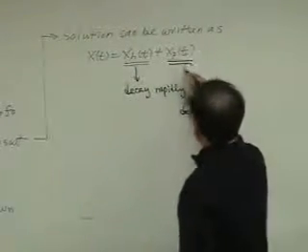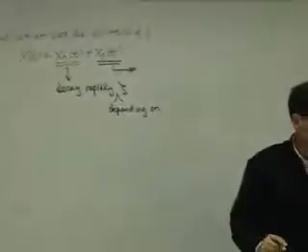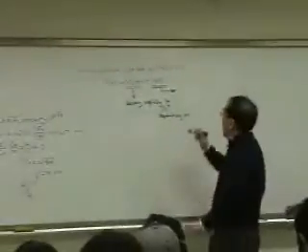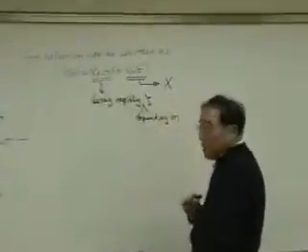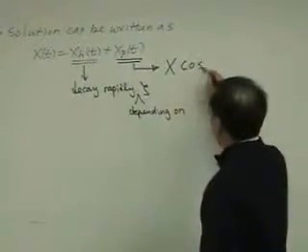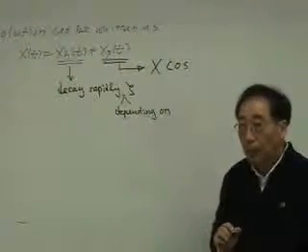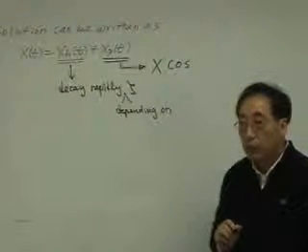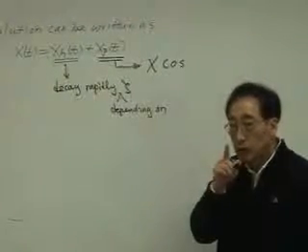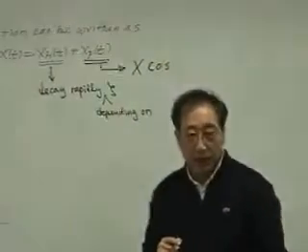But this one would have the form like magnitude, and the response would have a cosine form and it has big damping.